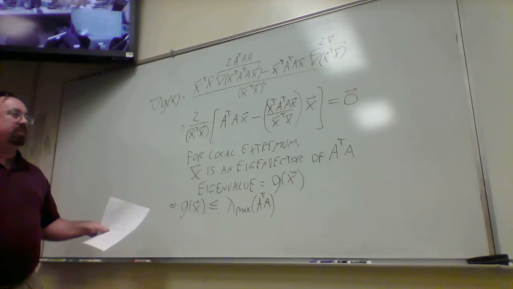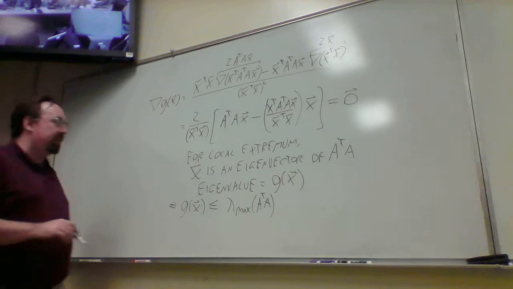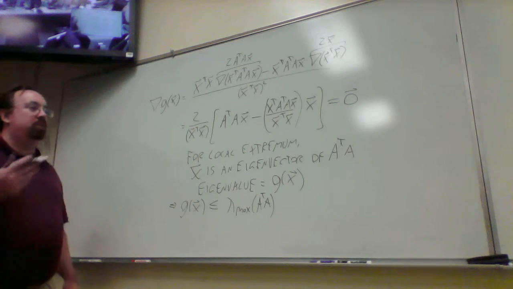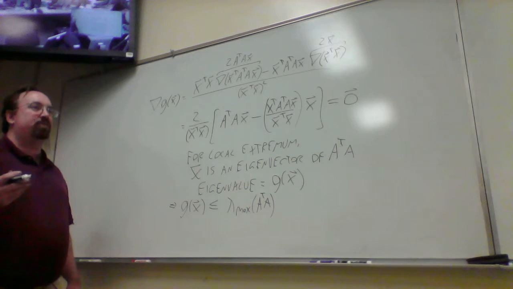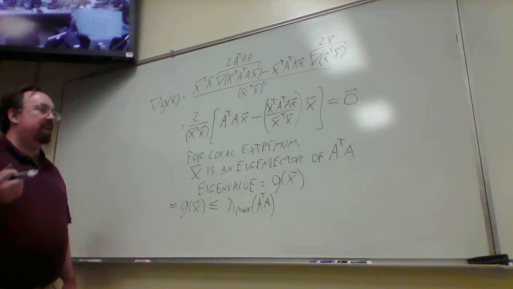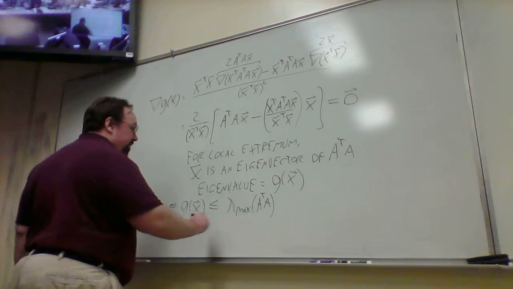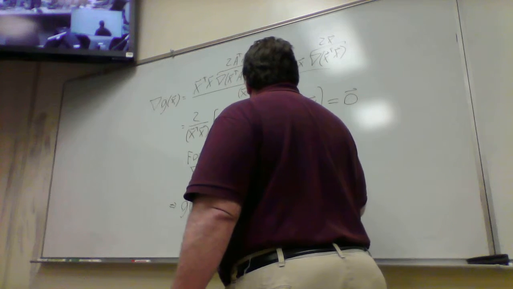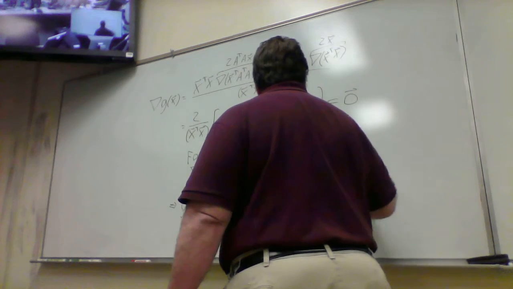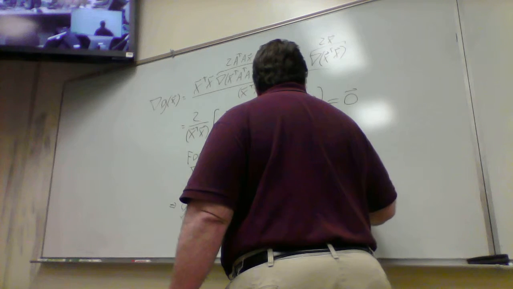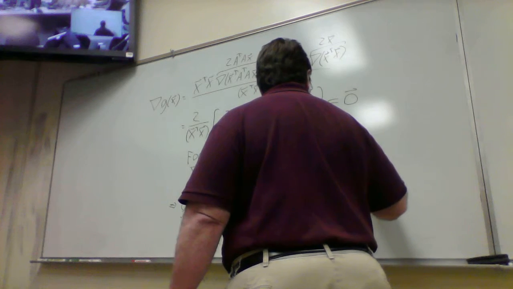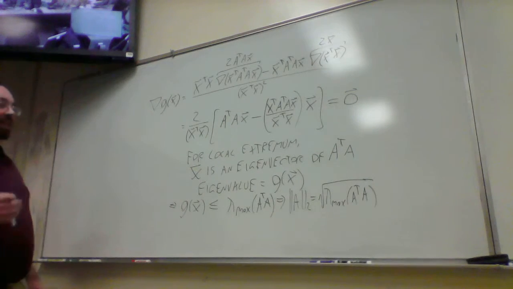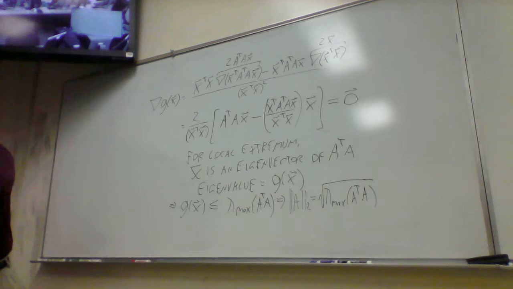So what we can conclude from this is, since g of x is norm of Ax squared over norm of x squared, and that's the square of the expression we're trying to find a maximum of, our conclusion is that the matrix 2 norm of A is the square root of the largest eigenvalue of A transpose A. Although soon we'll see the singular value decomposition, and I'll give an alternative definition in terms of that.